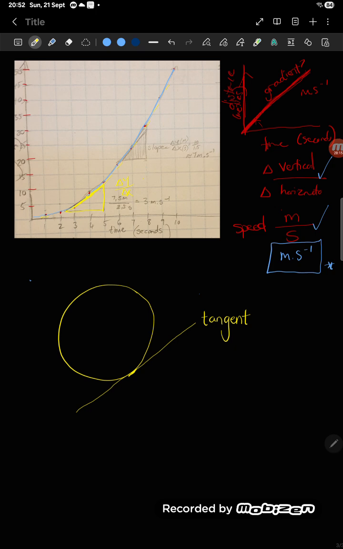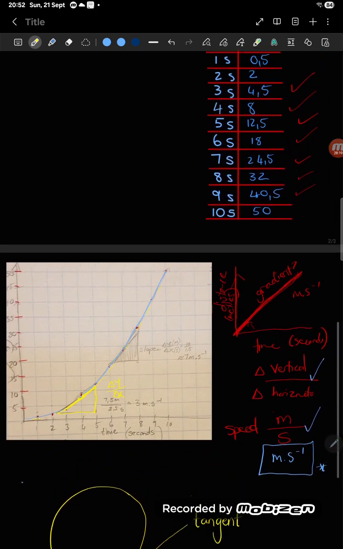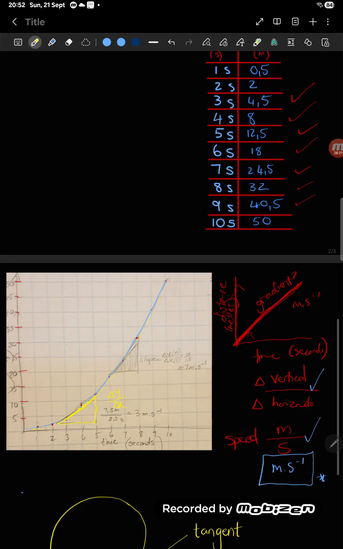So the change in y over the change in x, I think I said, we've got to see our calculations again. So my change in y, 5 seconds, 12.5 to about, I think I said halfway between, let's just see.